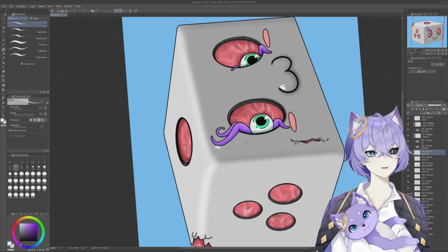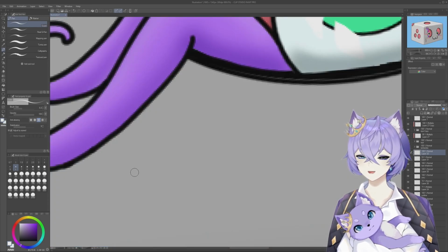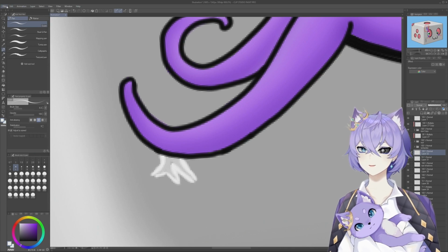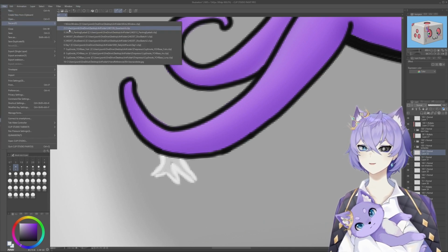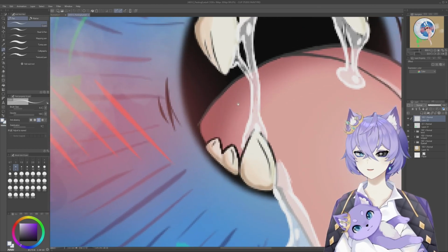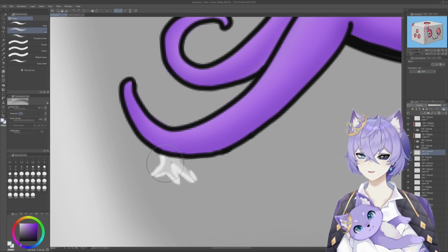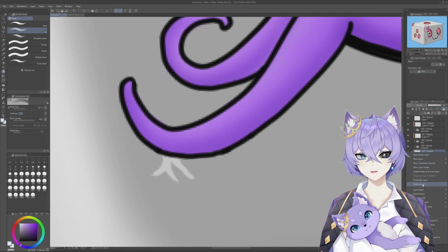Hide. I'm unsure about this one. How did I do this last time? Hold on. File, open recent. I need my panting eyeball. Let's see. I had a little more space. Okay, it doesn't make sense for the saliva to be where the tentacle is touching the dice.